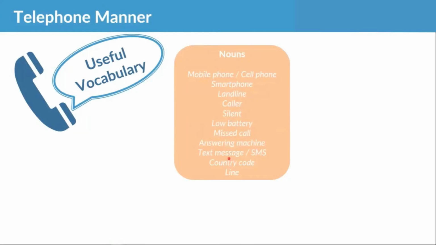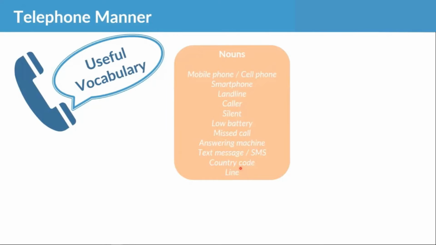Then we've got a text message or an SMS. So depending where you are from in the world, in Ireland we just say a text. Different places call them different things. I know in South Africa they do call them SMS. And then a country code is, for example, the number you put in front of your phone number if someone's calling from a different country.